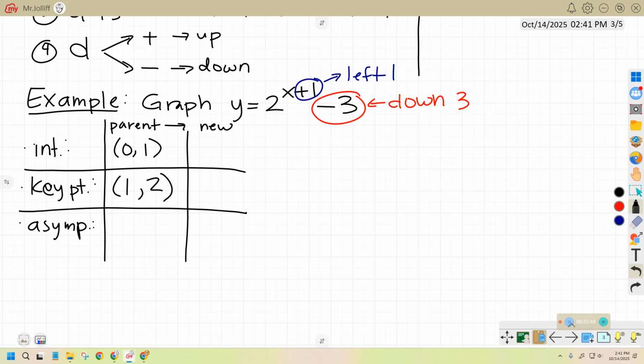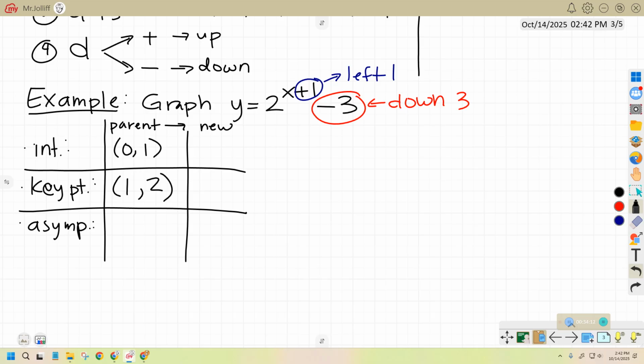Where is the asymptote for the parent exponential function? Bruno, on your paper, what does it say? Asymptote for the parent exponential. Vertical or horizontal? Did you write it down? You don't think you did, so let's pick on this side.